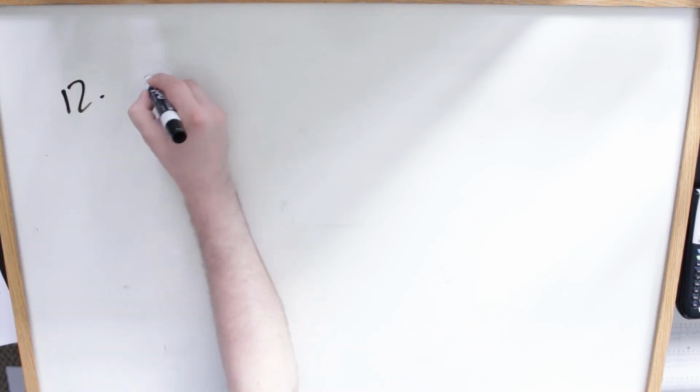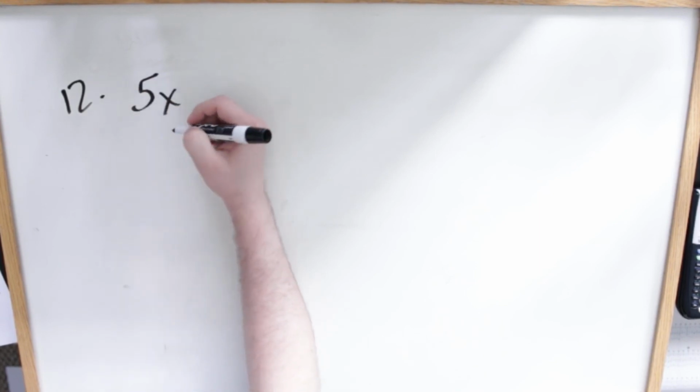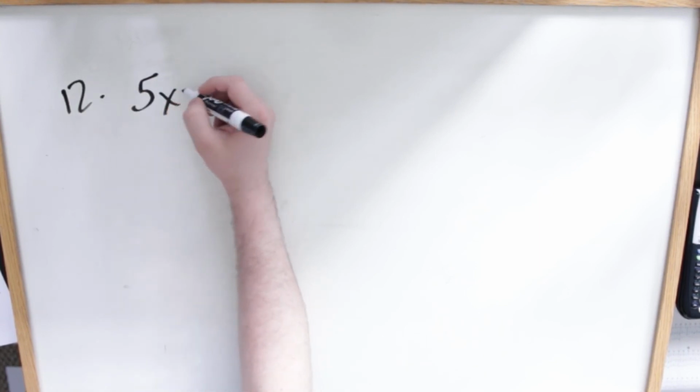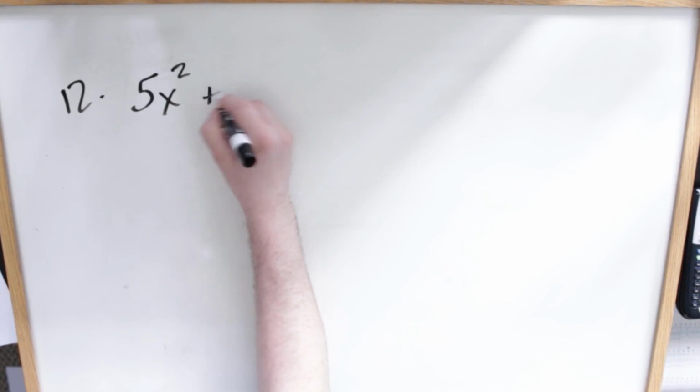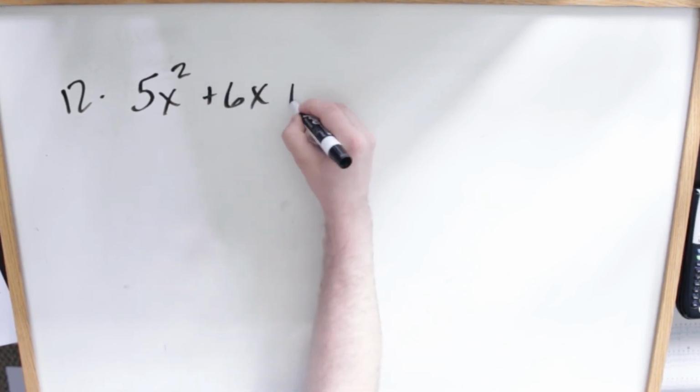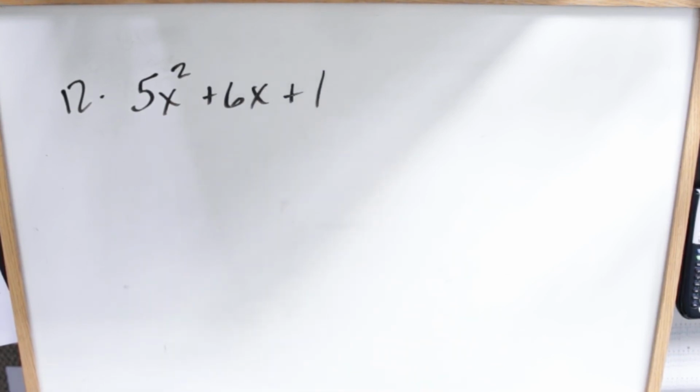There's a number of YouTube videos out there that'll help maybe explain it in a different way than the way that I'm explaining it. So I really encourage you to go and do some of your own research to find methods or questions or YouTube videos that maybe will help you with this. Okay, so we're going to factor this. We're going to do it by grouping again. We're not going to do the trial factors method.